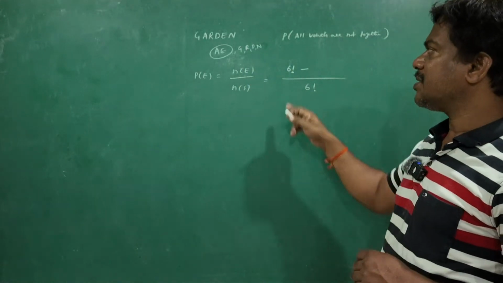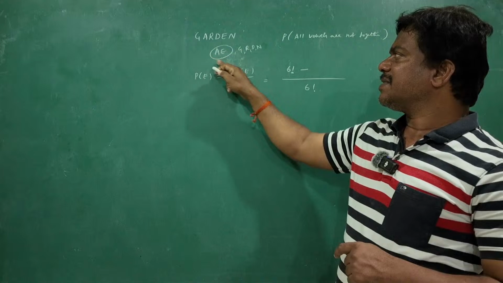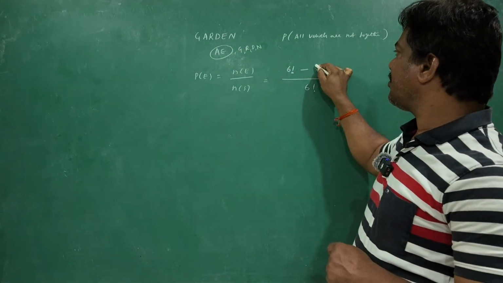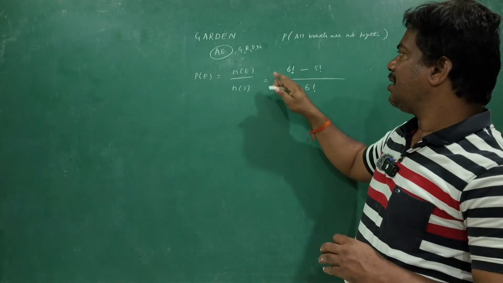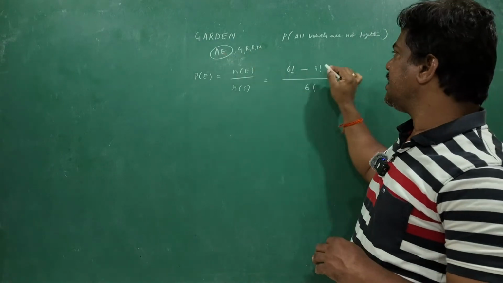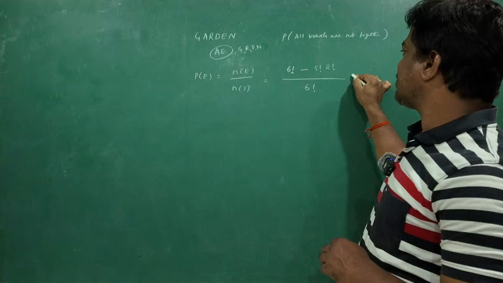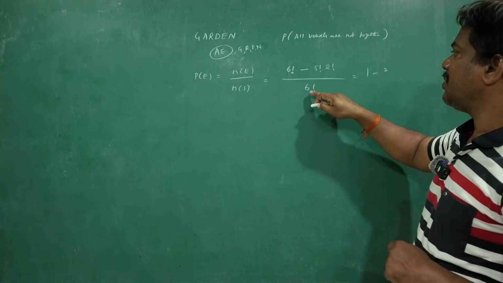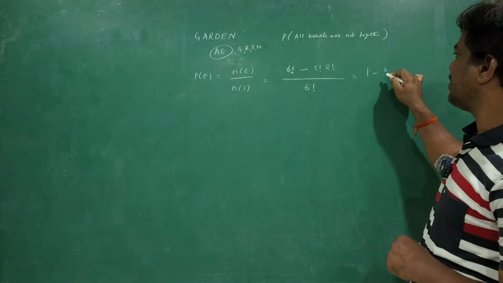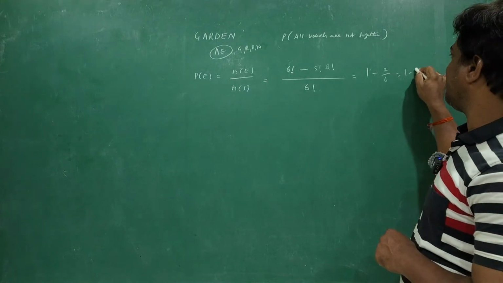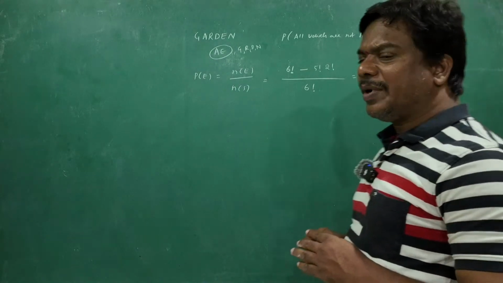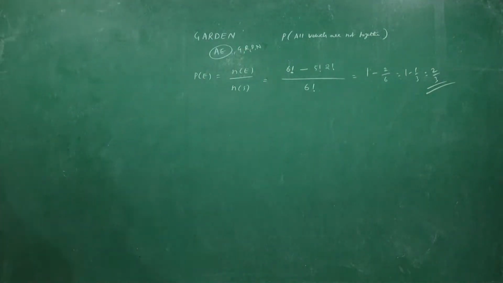Vowels together, how many chances are there? By treating vowels as one unit, 1, 2, 3, 4, 5: 5 factorial in different ways, as well as internally 2 factorial, so that it becomes 1 minus 5 factorial by 6 factorial, 1 by 6, 2 by 6, that is 1 minus 1 by 3, becomes 2 by 3 is the probability.